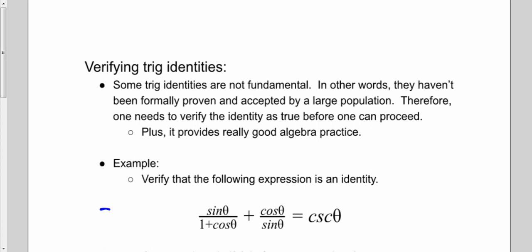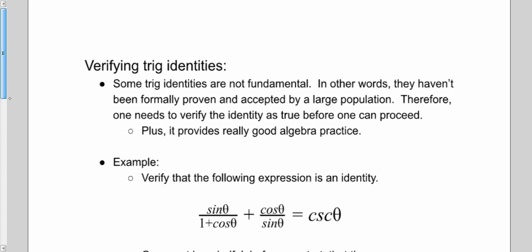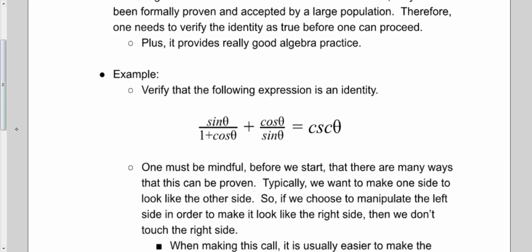So sometimes what we have to do is verify if something is a trig identity or not. Plus, it's really good practice for algebra. So we're going to do this one. We're going to verify that this guy is a trig identity. We must be mindful before we start that there are many ways that this can be proven to be an identity.